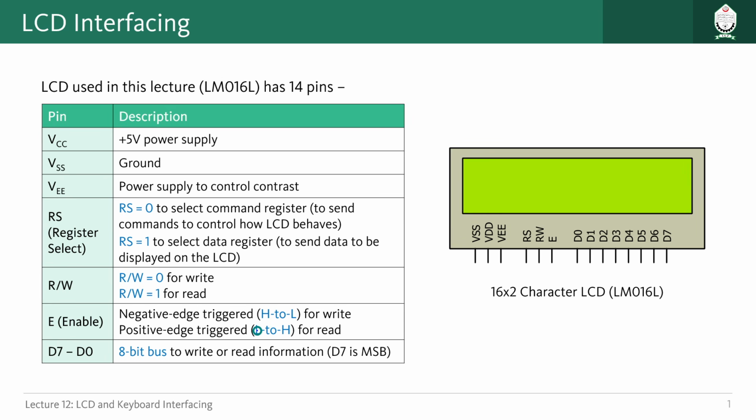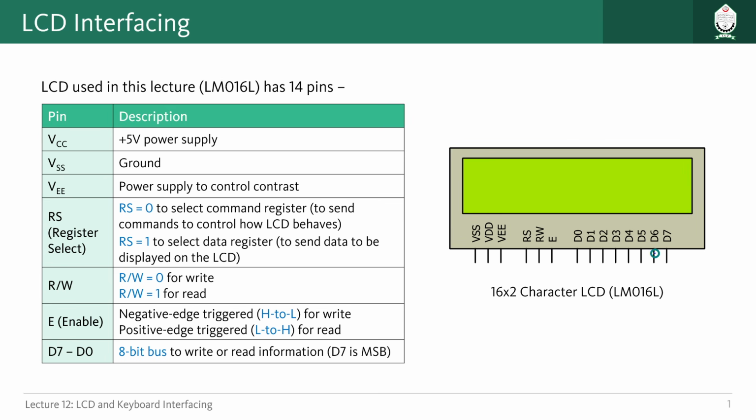First there should be a high signal, then some delay, then a low signal. So in this way it works. We will discuss why that delay is needed between the high to low pulse, but this is how the enable pin works. And we have already talked about these 8 pins, D7 to D0.